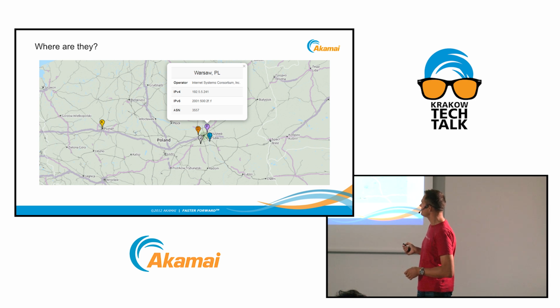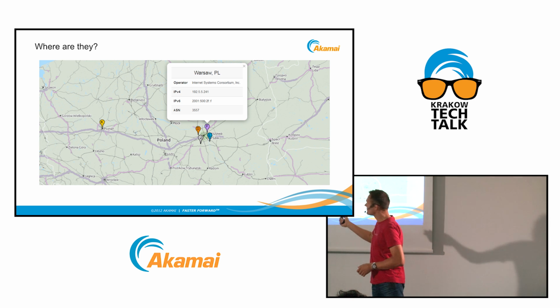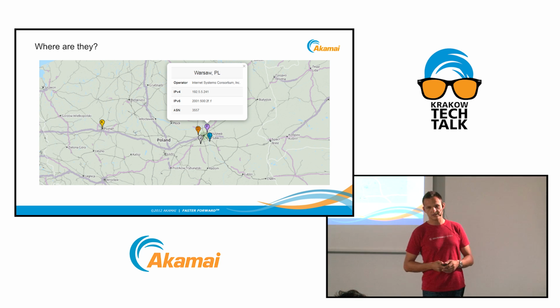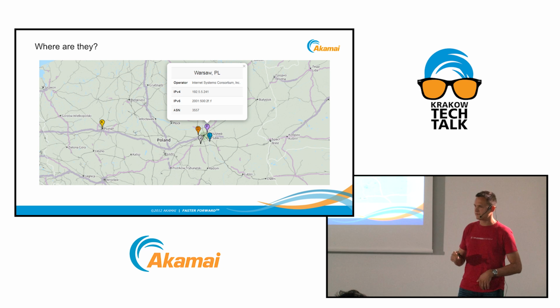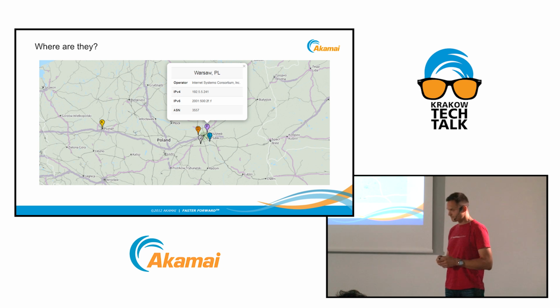So you have the IPv4 address for that one. You have the organization that maintains that one. And here it's the F letter, which means that the domain name for that is f.root-servers.net. The page is updated in real time, so you can check how many of those there are and where they are located.